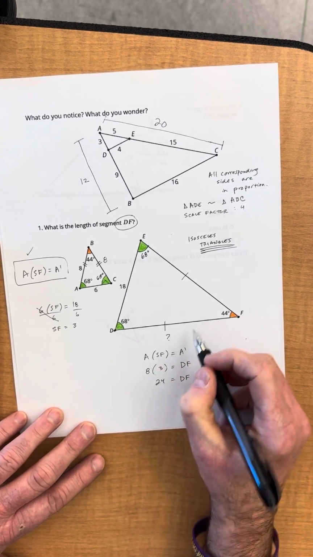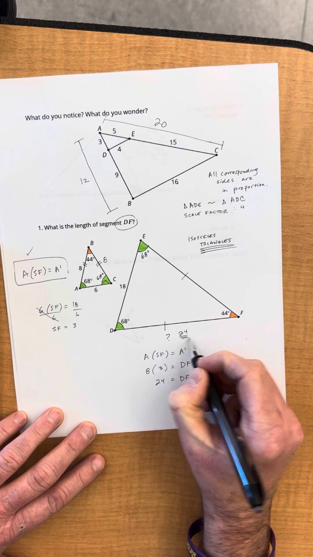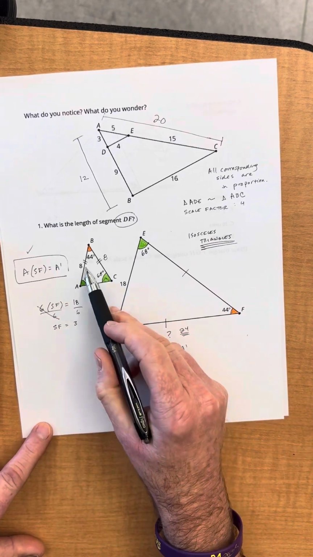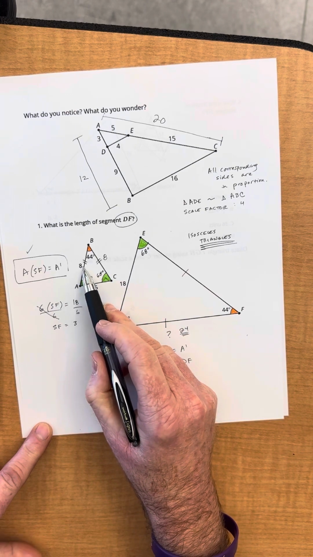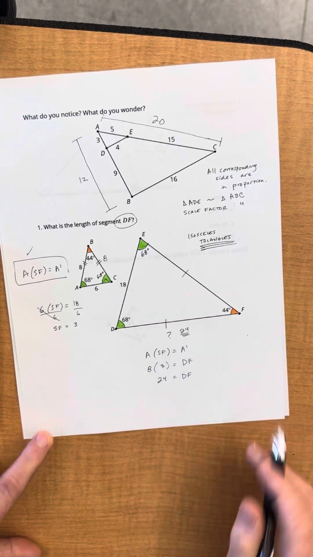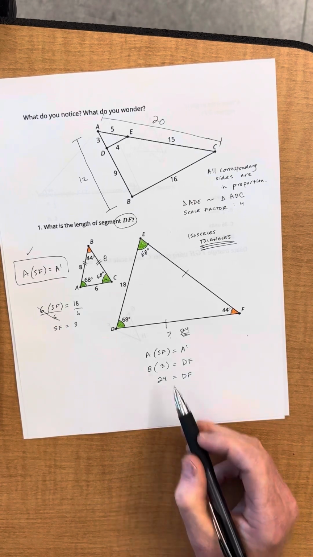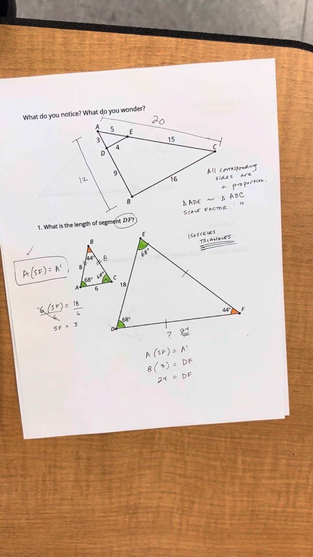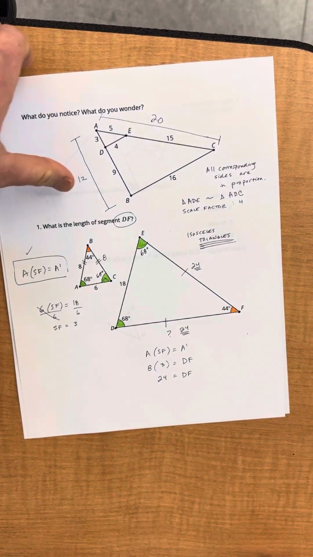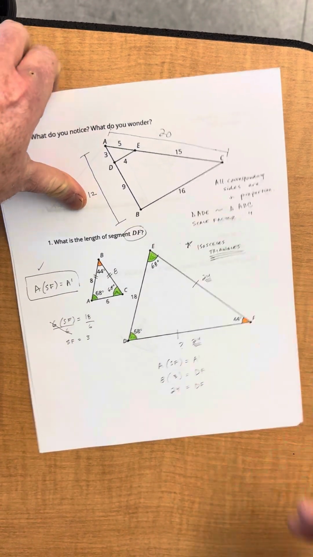So DF equals 24. You just figure that out by getting the scale factor and then using this one that you're already given to figure out that 8 times 3 equals 24. This one's also going to be 24. You also need to know about isosceles triangles. Okay.